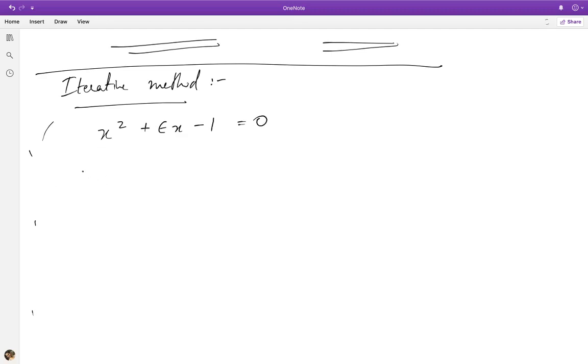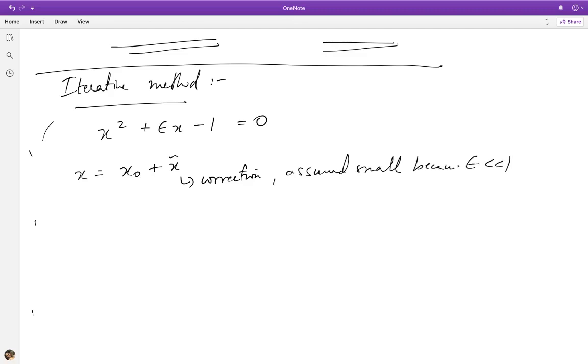But now this time, instead of assuming an expansion, I write x as some initial guess x0 plus a correction x tilde. It's a correction assumed small, because of course epsilon is small. So x0 is like your current guess solution, because remember it's an iterator method.